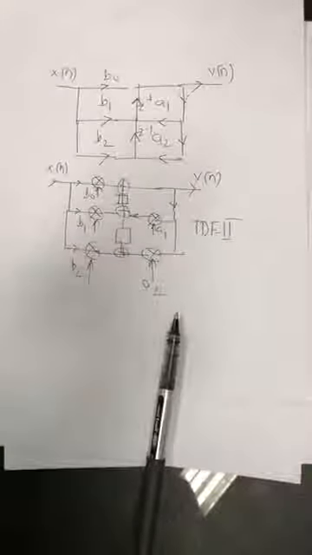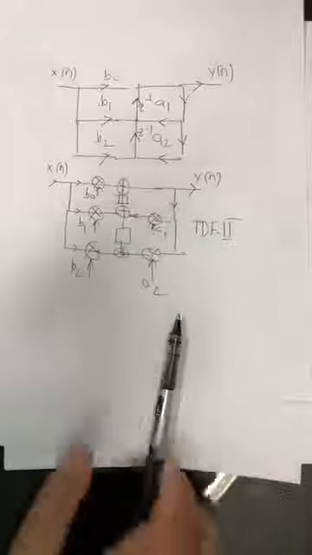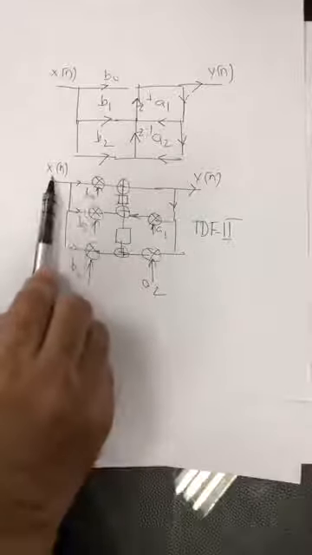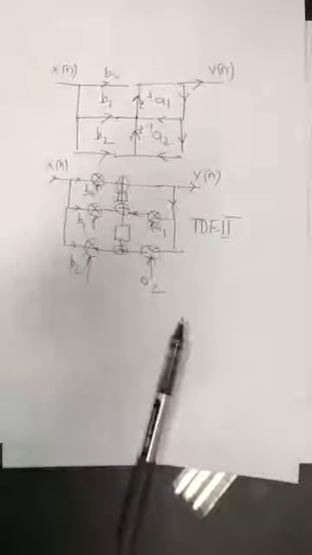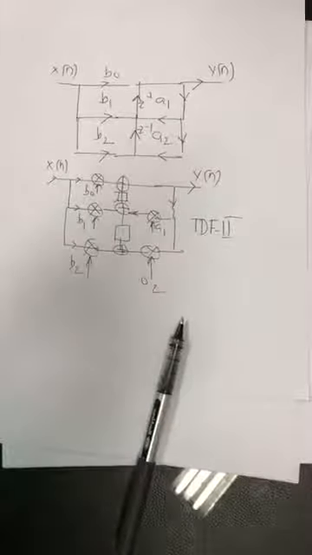But you know, in our difference equation, b0 multiplied by x of n, b1 multiplied by x of n minus 1, b2 multiplied by x of n minus 2. It has changed the format, but it is still consistent. That is important, that it still implements the same difference equation.